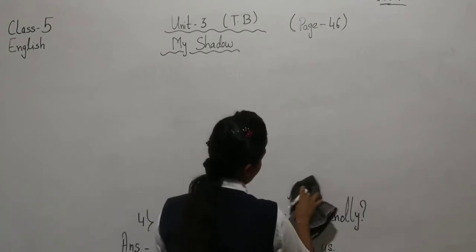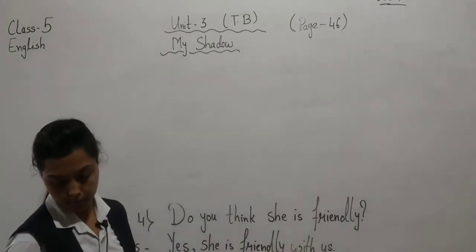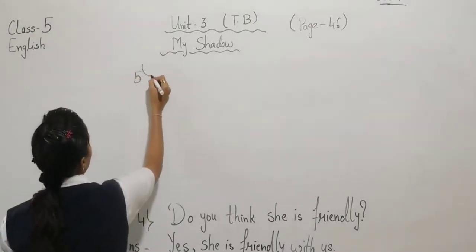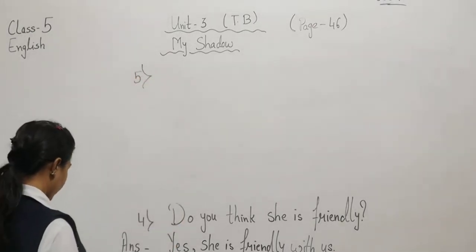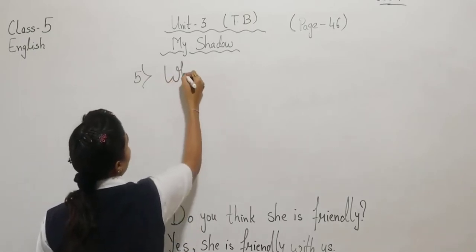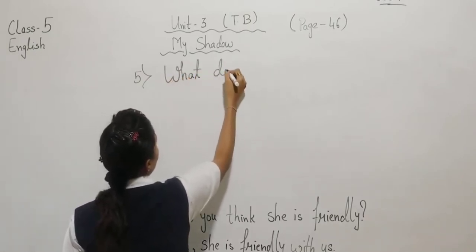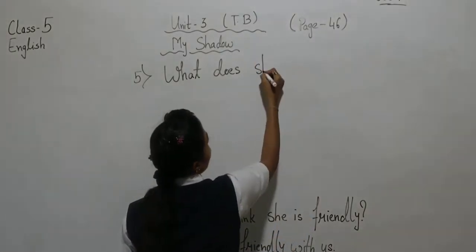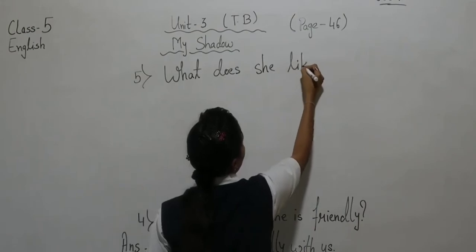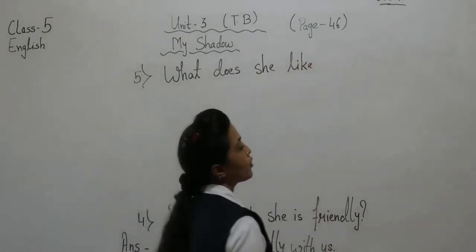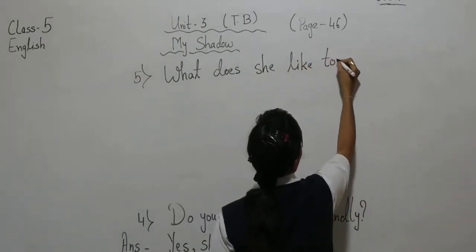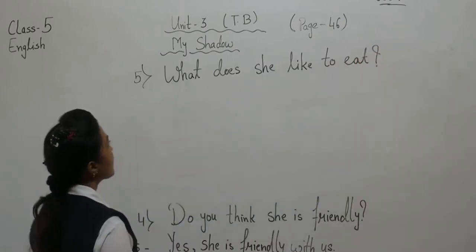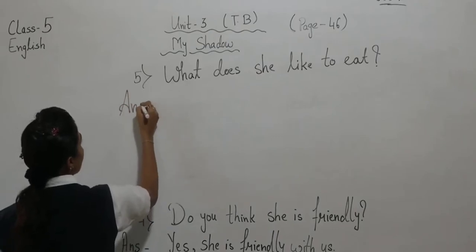Then next question, five. What does she like to eat? So what does she like to eat?